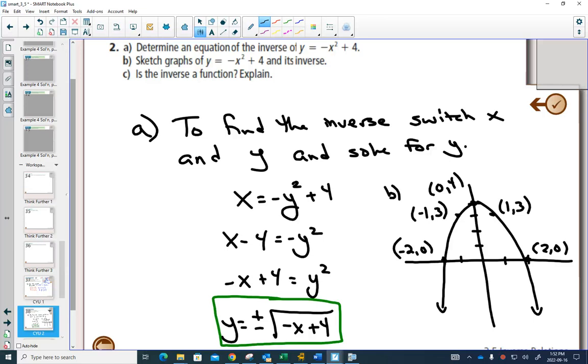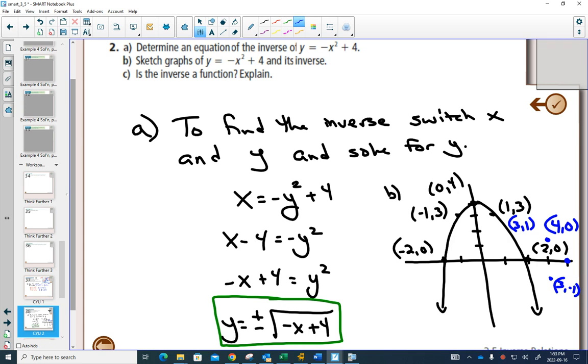So what's going to happen to 0, 4? It's going to become 4, 0. What's going to happen to 1, 3? 3, 1. And negative 1, 3. 3, negative 1.